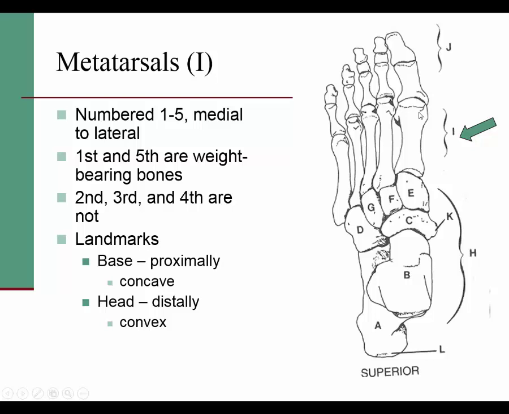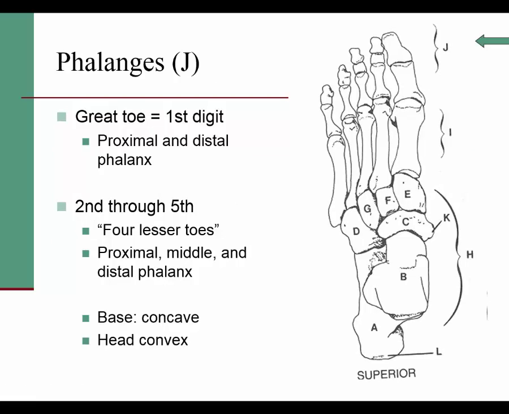Phalanges, these are your toes. So your first digit here, first phalange, is considered the great toe. It's your big toe. It has what we call a proximal phalanx and a distal phalanx. The second through fifth phalanges are considered your 4 lesser toes, and each of these, which we will take note of later on throughout this chapter as well, has 3 sections: proximal, middle, and distal phalanx.